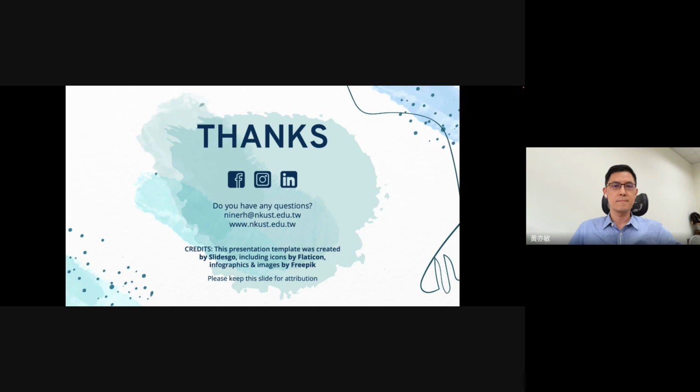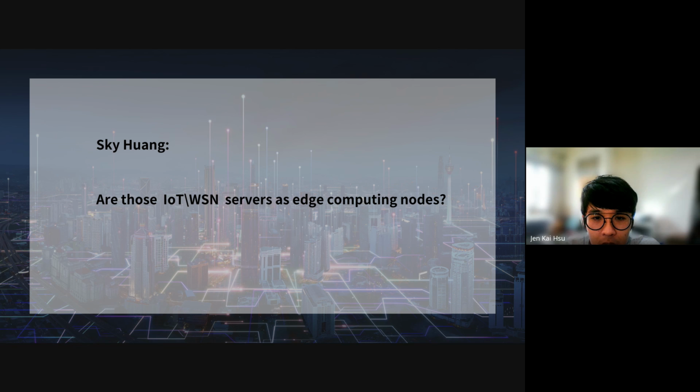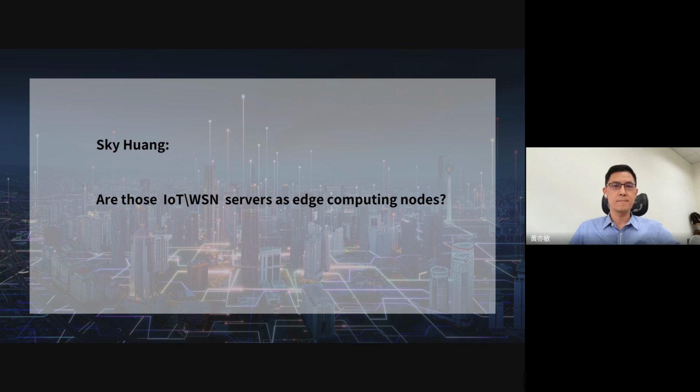I see one question from Skyward: are those IoT or WSN servers edge computing nodes?